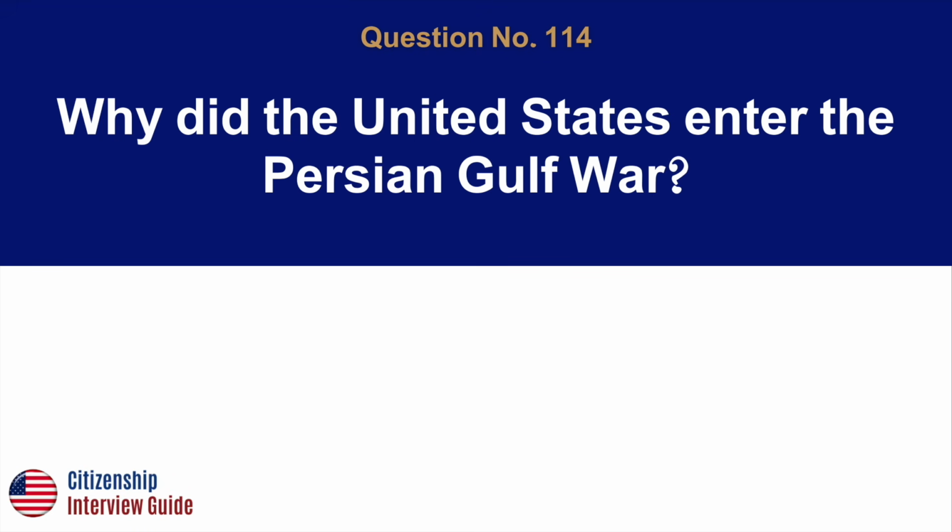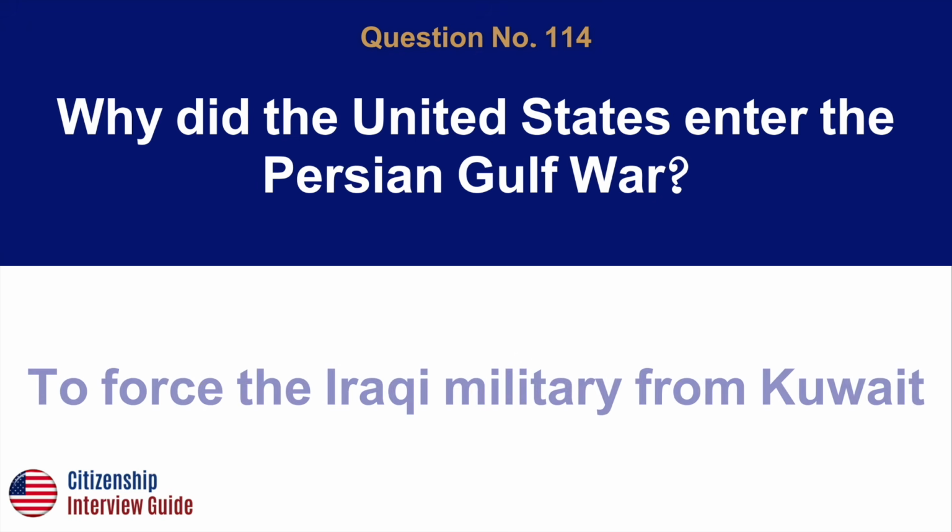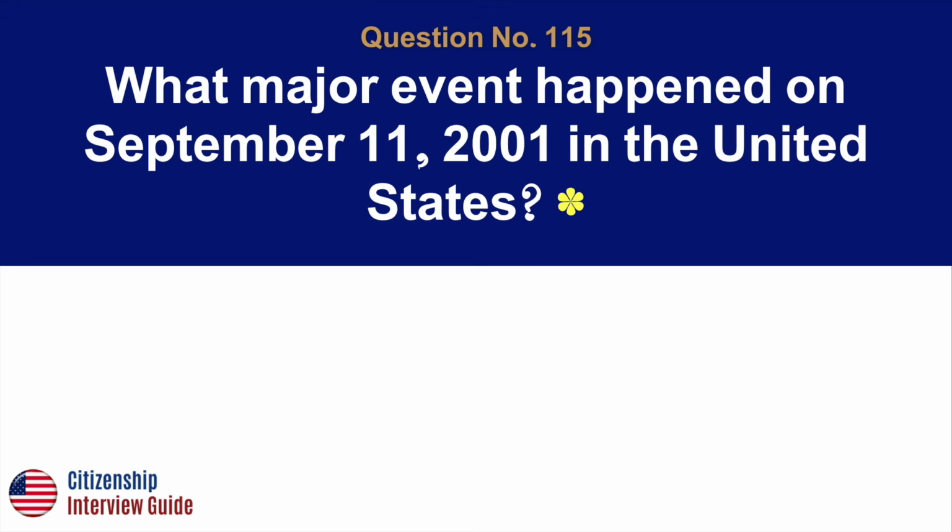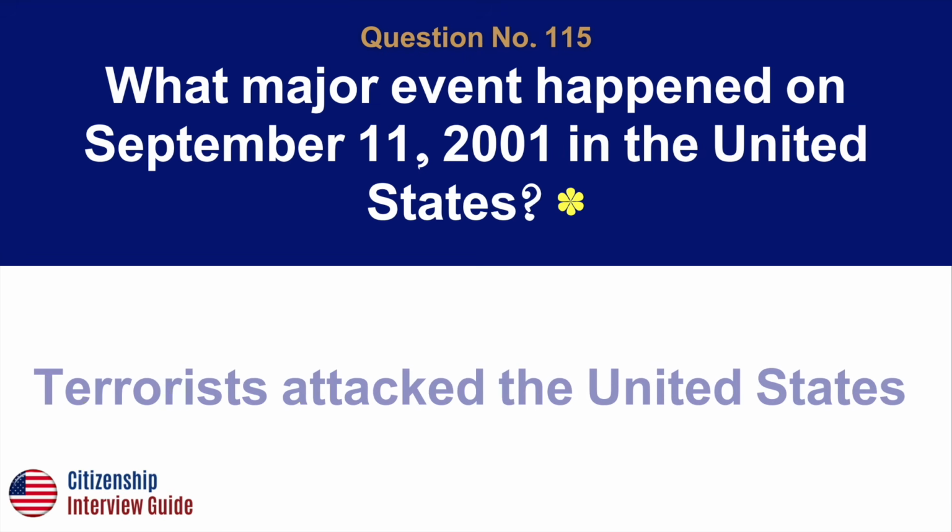Why did the United States enter the Persian Gulf War? To force the Iraqi military from Kuwait. What major event happened on September 11, 2001, in the United States? Terrorists attacked the United States.